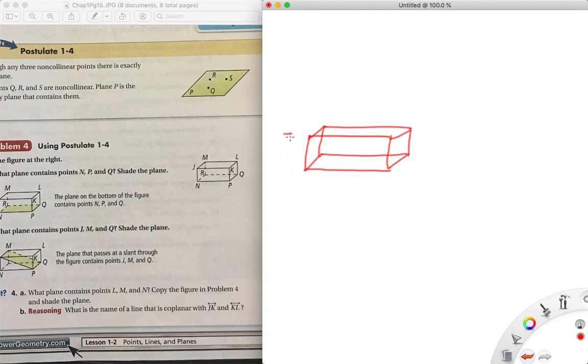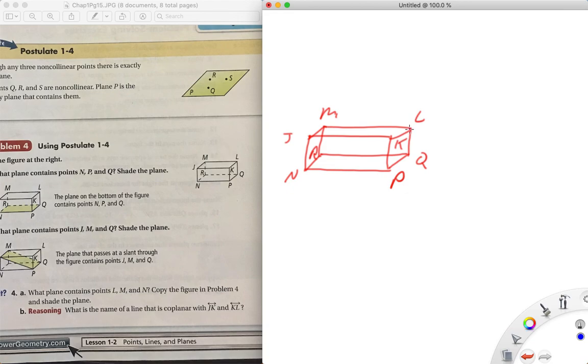I have J, N, M, R, L, K, Q, and P. And they ask what plane contains L, M, and N. So here's L, here's M, here's N, right?